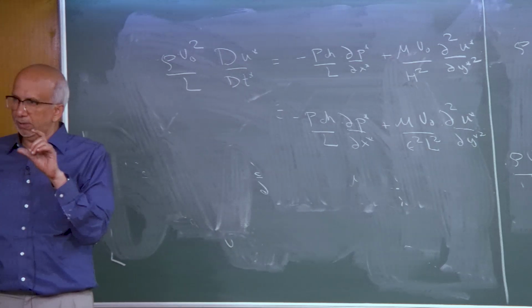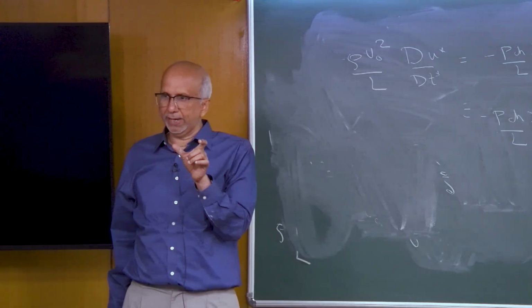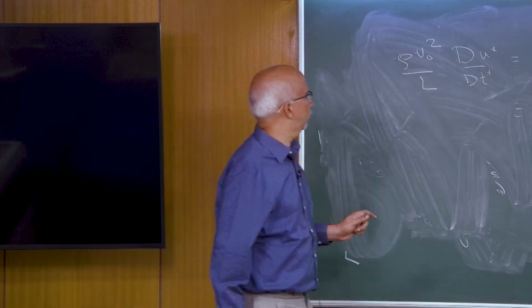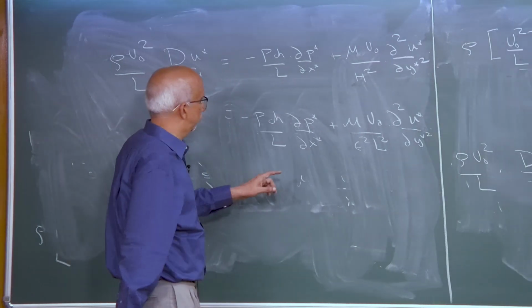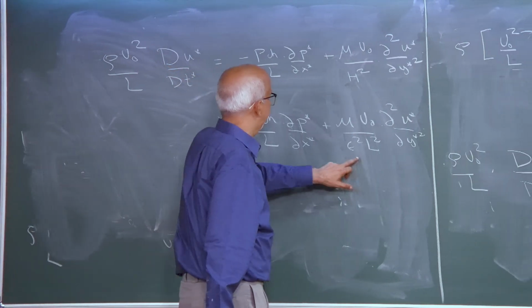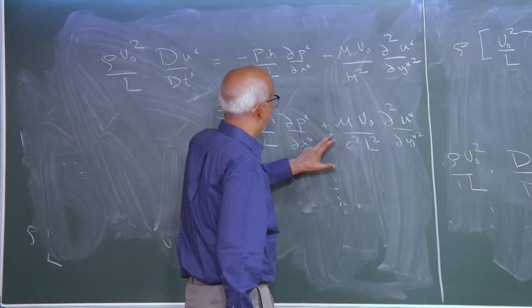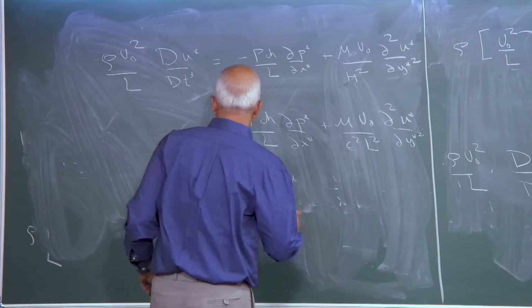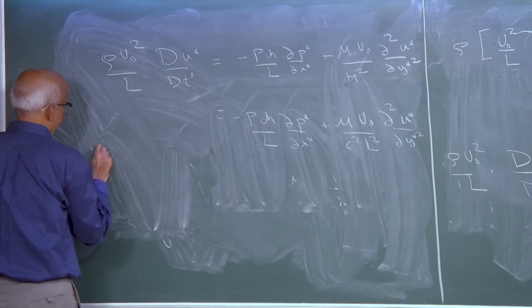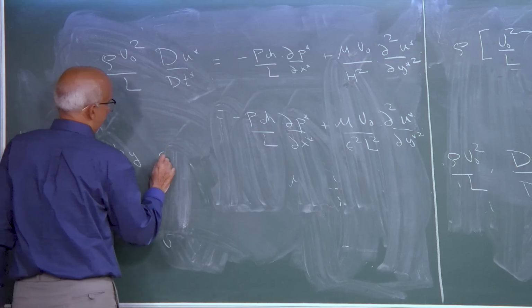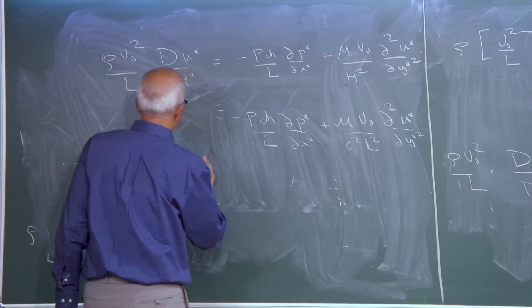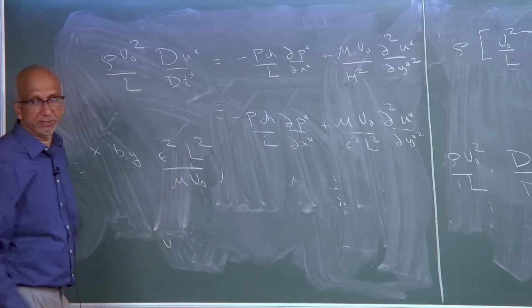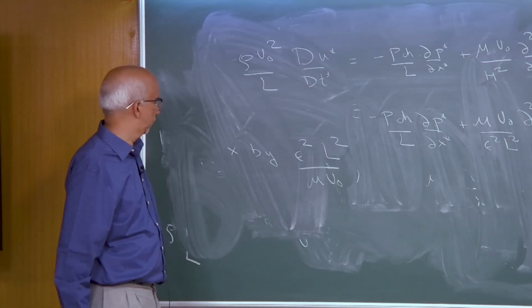Again I have not yet chosen the characteristic scale for pressure, okay. I need to therefore now decide what I want to do. I can multiply this equation throughout by epsilon squared L squared by mu u naught, okay. What do I get?